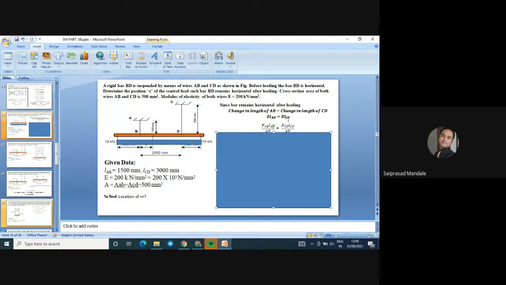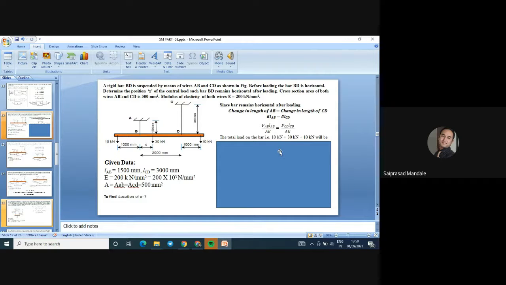So PL upon AE for AB and PL upon AE for CD are equal. A for both wires is the same, E for both structural members is the same, so both get cancelled. So P of AB and L of AB, and PL for both structural members, remain. After loading, the total load acting on the structural member is 10 plus 30 plus 10, so the net force is 50 kilonewton.